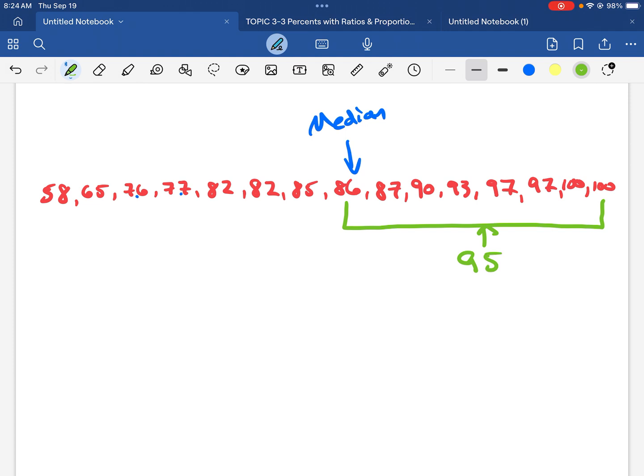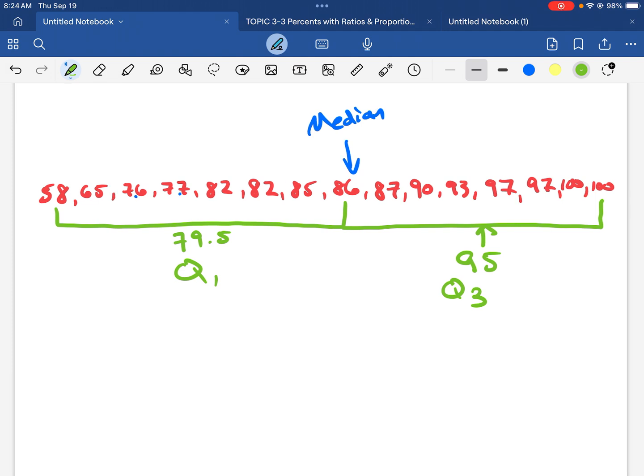Then I'm going to go to this lower half and do the same thing. The middle between 77 and 82 would be 79.5. Okay, so there's Q1, here's Q3.